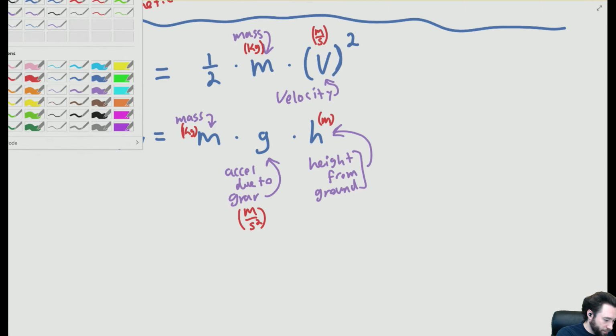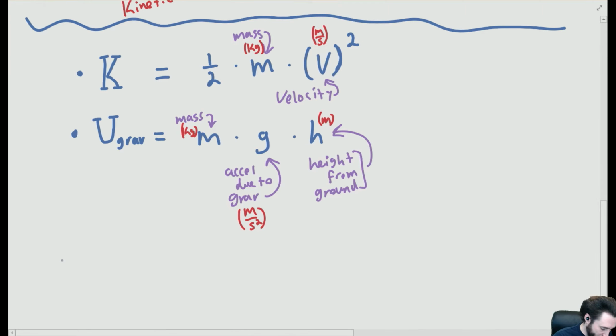All right. And then lastly, this one is where it gets a little strange. There's a concept in here that is pretty easy to understand if you pay attention.